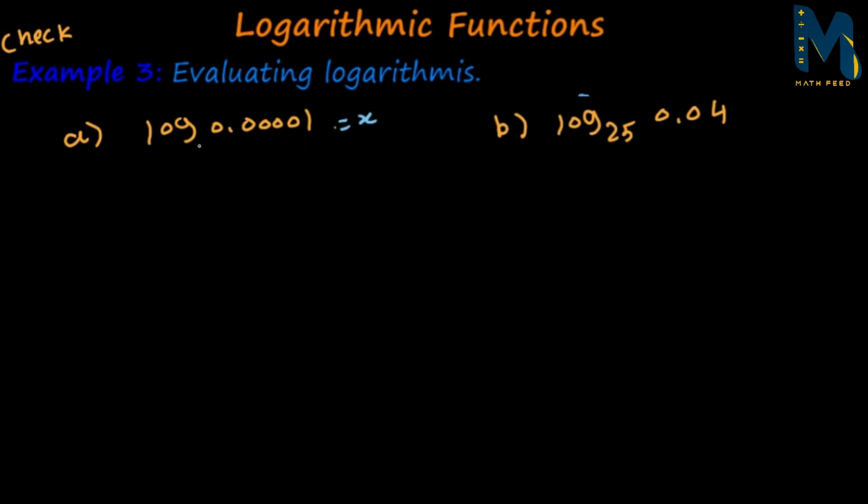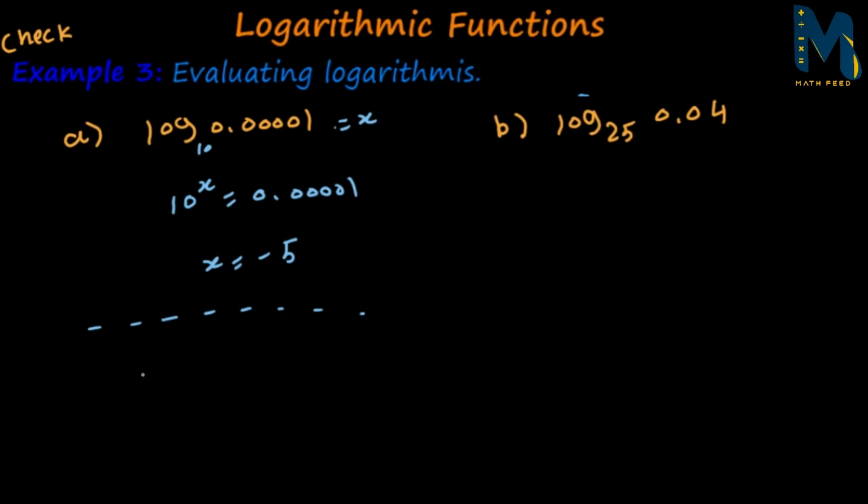We have base 10 here because it's not given, so 10 to the power x equals 0.001, and then we can try by a calculator. As you see, we have 4 zeros here and 1, so it means x equals negative 5. You can try it: 10 to the power negative 5 equals this number.